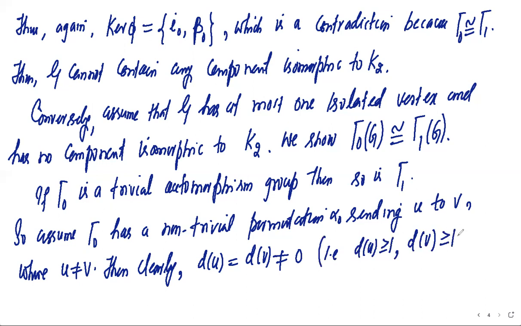Let us write this here in brackets, because we just need that they have equal degrees and they are both non-zero degrees. Now we will first assume that they are not adjacent and then see what happens, and then in the next case we will assume that they are adjacent and see what we arrive at.